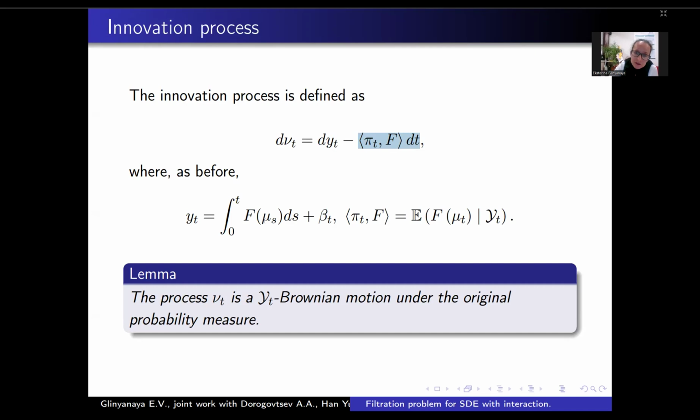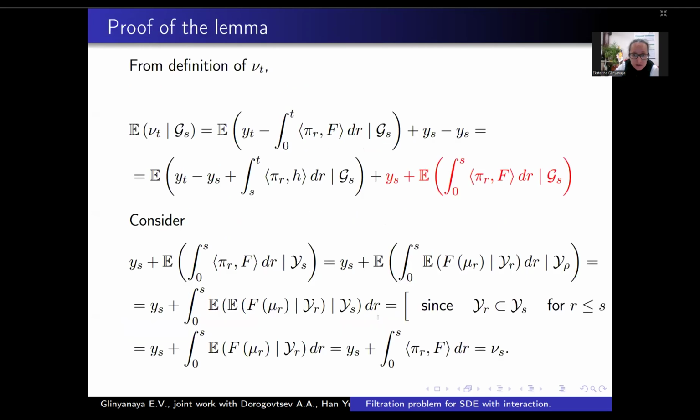Such a process nu, which is defined by this differential, we can prove is a Brownian motion with respect to the sigma algebra generated by the process Y. So this is a Yt Brownian motion, but now under the original probability measure. The proof of this lemma is quite standard.